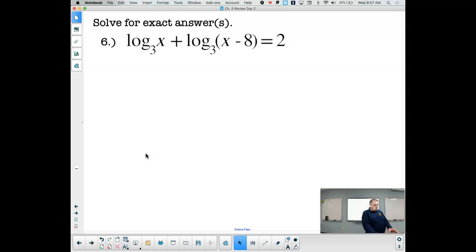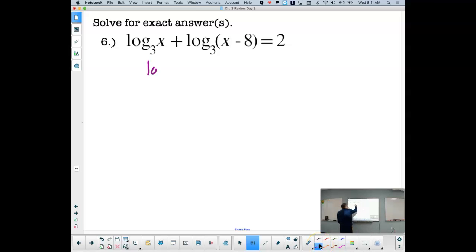Solving this one with an exact answer, please. All right, here we go. So first off, I would combine the 2 logs. I would condense the left side to become log base 3 of x times x minus 8, and that's going to equal 2.